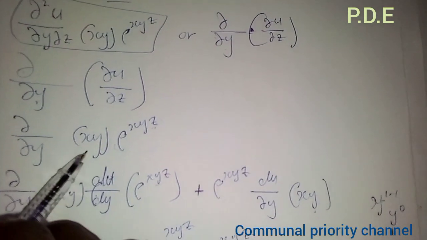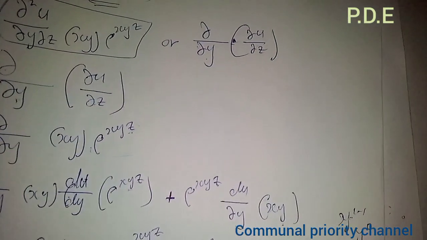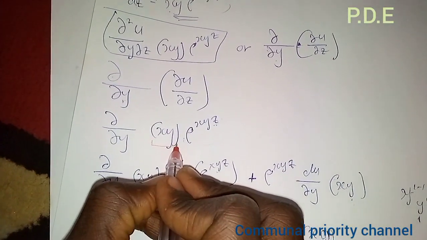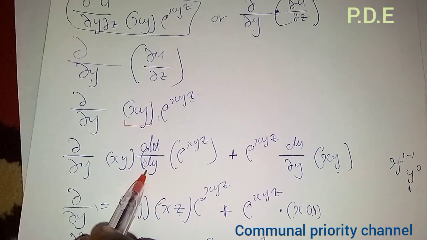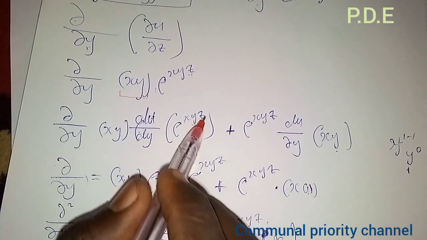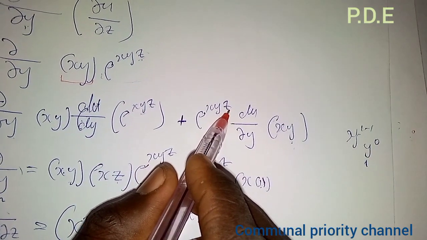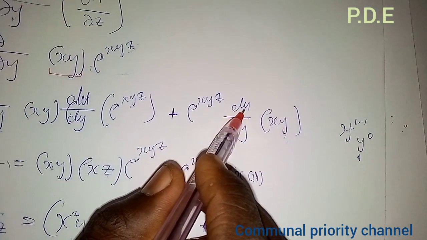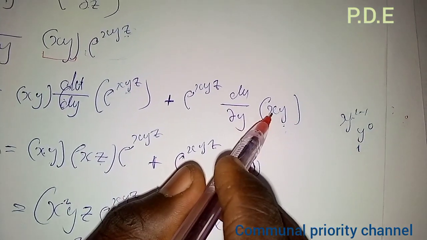Therefore, first of all we're going to keep this value as it is and differentiate this. You see, xy as it is, differentiation in respect to y of exponential xyz. Then plus keep this as it is, which is xyz, right? And the differentiation of xy in respect to what?